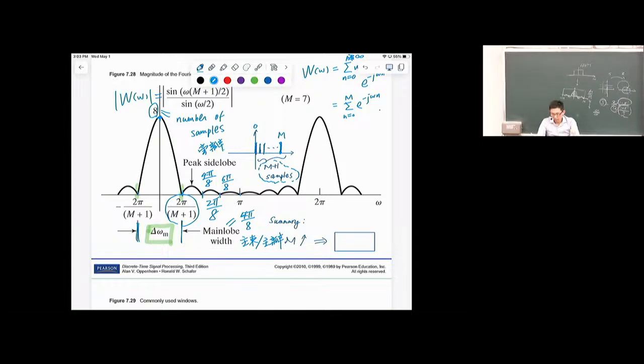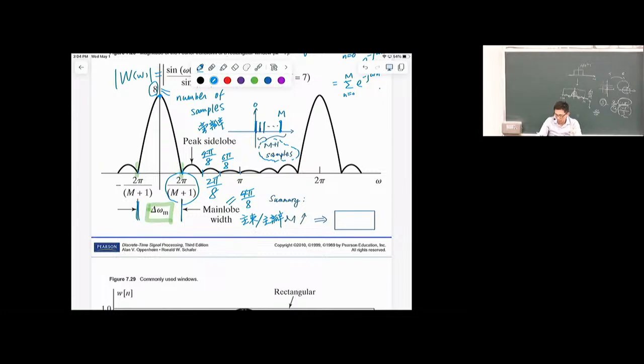All right, so this is generally true. I've pointed out that the height is equal to the length of the window, and the main lobe width is inversely proportional to the length of the window. This is an important property that I want to point out.